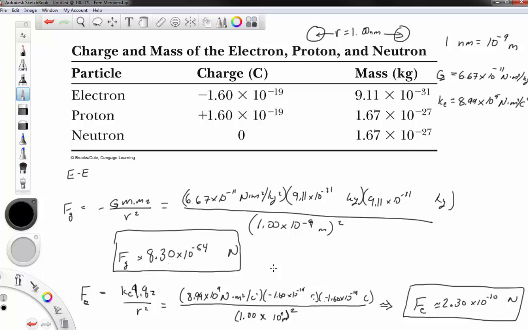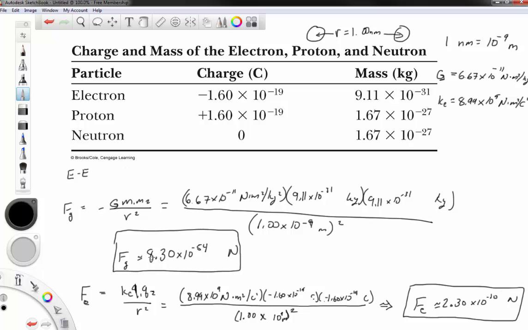So this force right here between the two electrons from gravity is 44 whole orders of magnitude lower than this force. That's a 1 followed by 44 zeros. So this force is quite a bit stronger than this force.